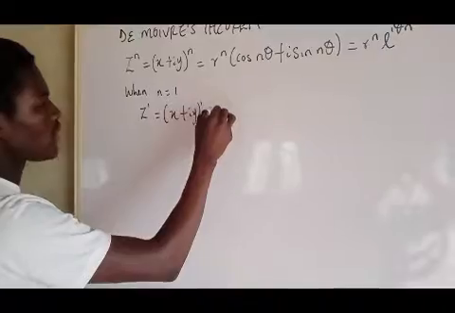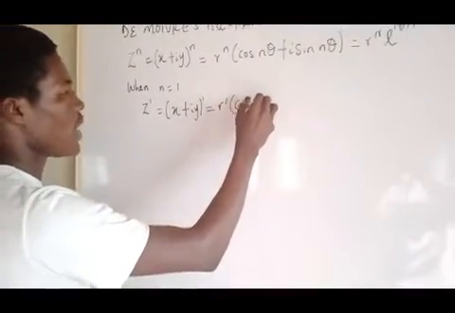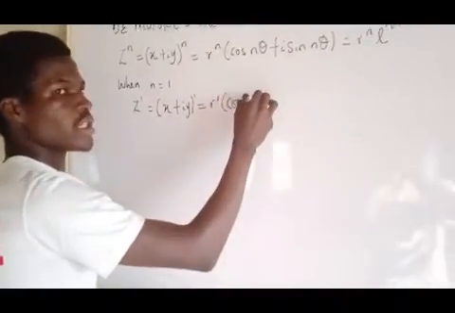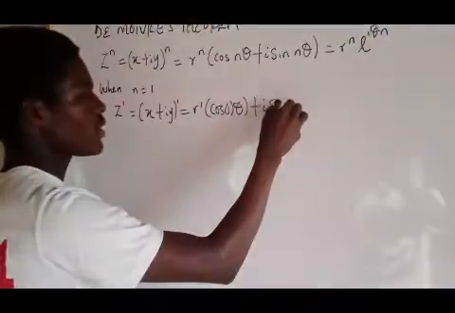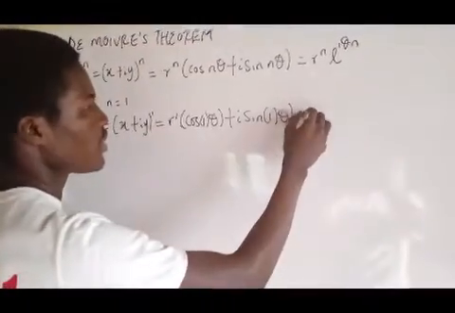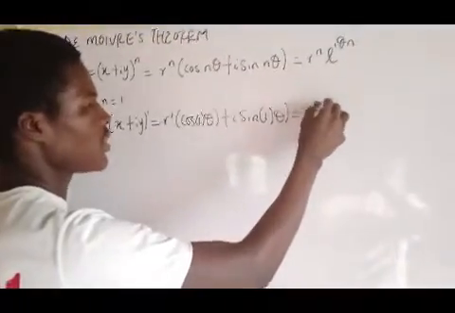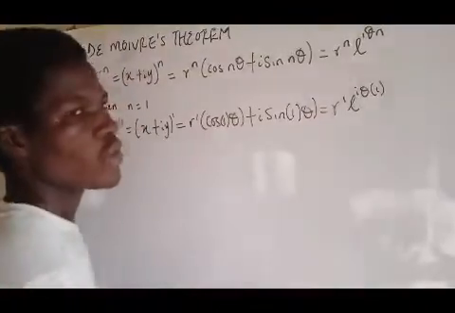equals r raised to power 1 (cos 1θ + i sin 1θ), equals r raised to power 1 e^(i1θ). Do we get that now?